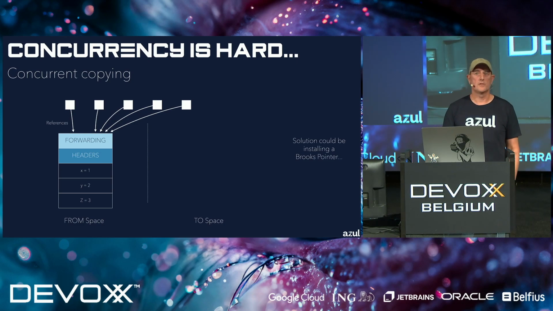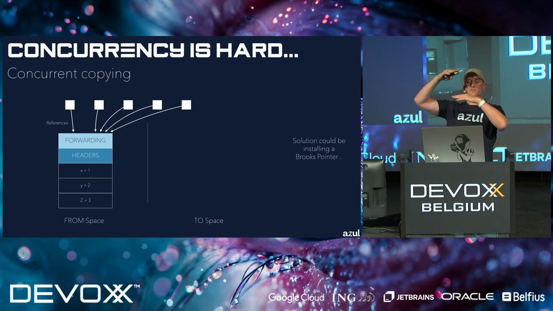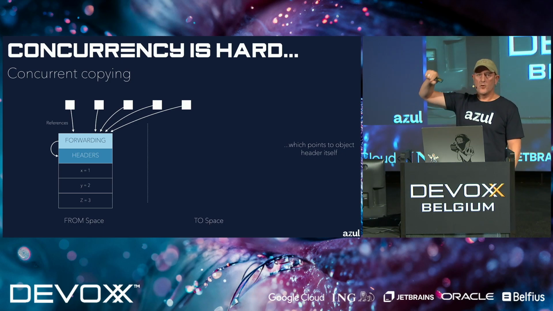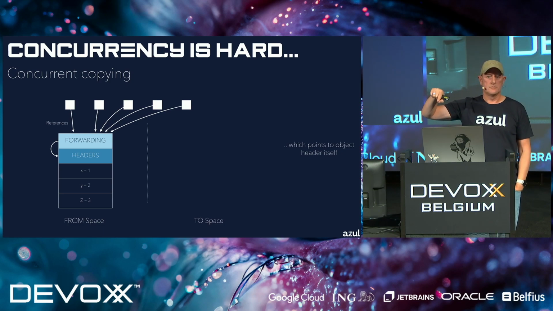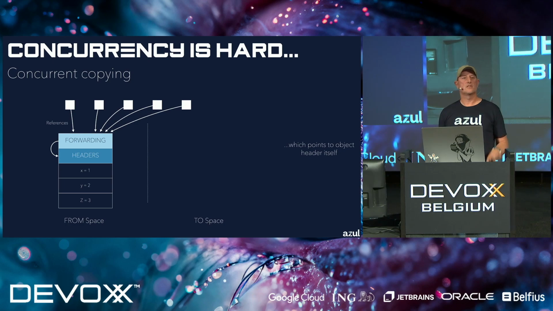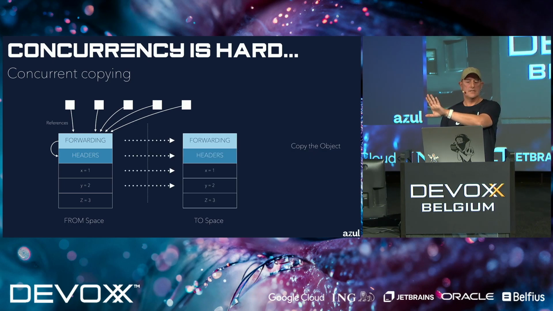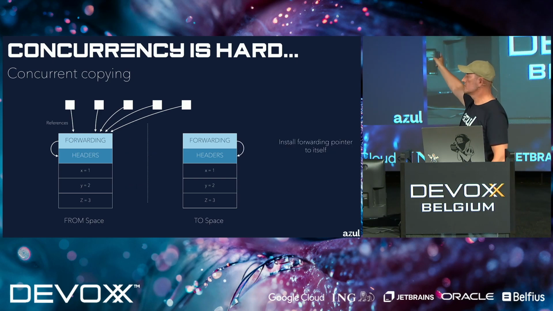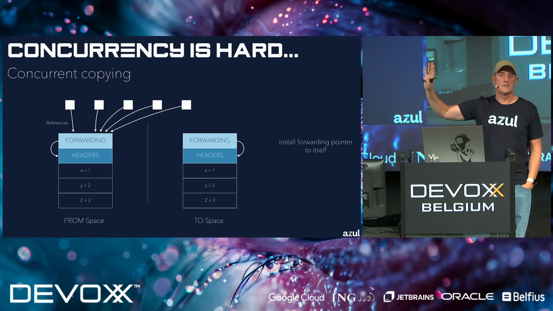So if we would like to do this kind of stuff, one solution that you can use is a so-called Brooks pointer. The idea is we install a forwarding header in front of the header of the object, and this forwarding header points to the object itself. That's first of all nothing very special. If we then copy the object live and install the forwarding pointer again, let it point to this one, nobody knows about it yet.